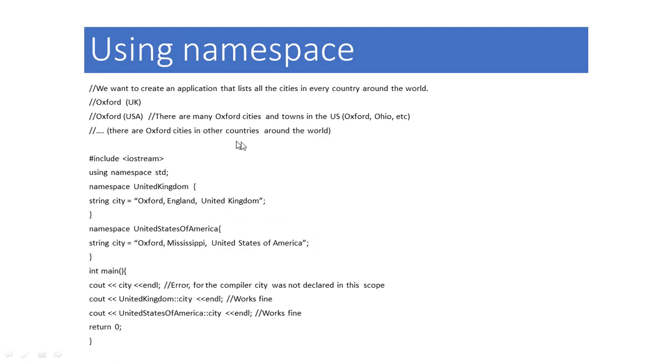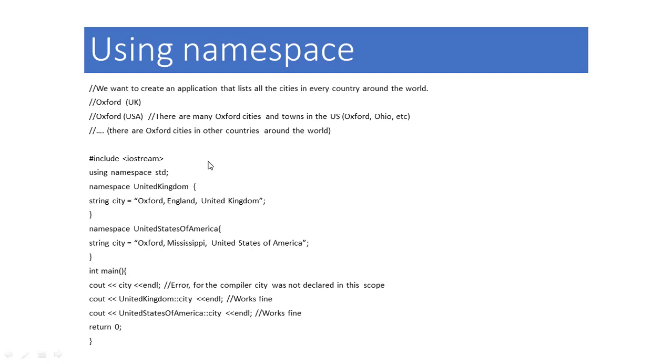Using namespace. Here is an application whereby we'll be using different namespaces. We want to create an application that lists all the cities in every country around the world. That is our project. For example, we will be looking at two specific cities: Oxford, UK, and Oxford, United States of America. There are many Oxford cities and towns in the US, for example, Oxford, Mississippi, Oxford, Ohio, and much more.